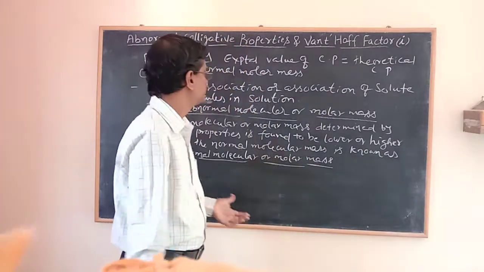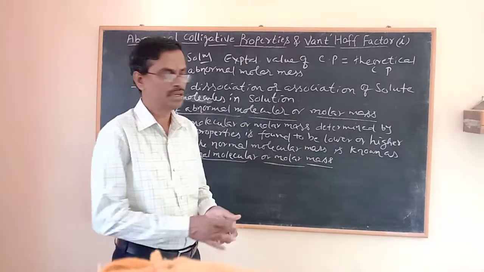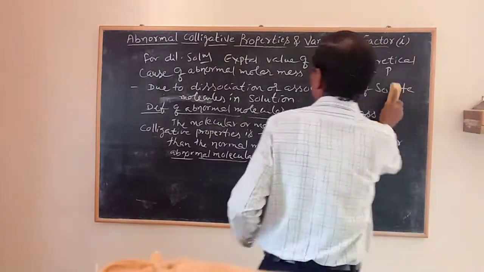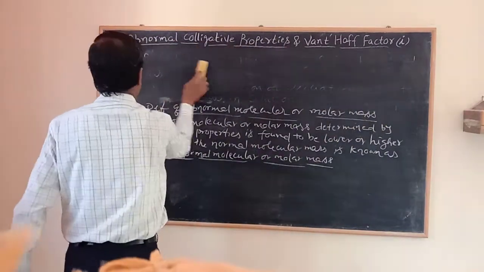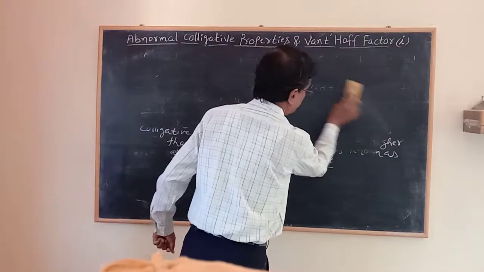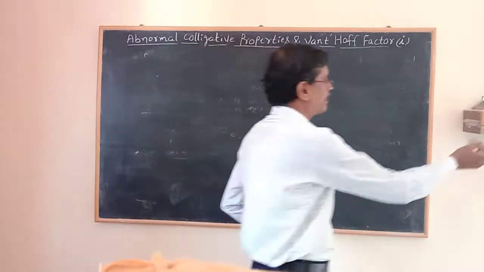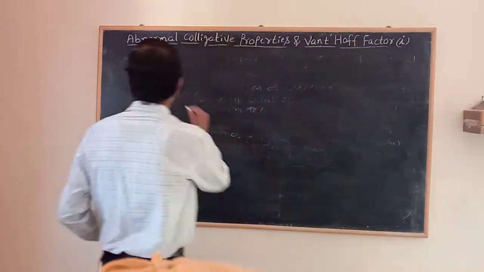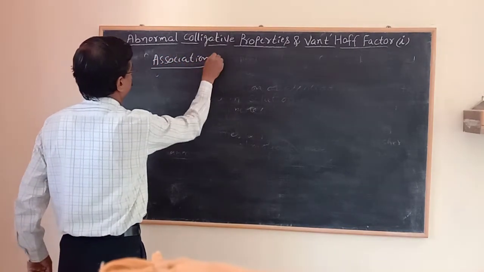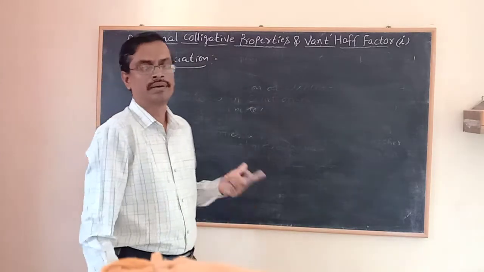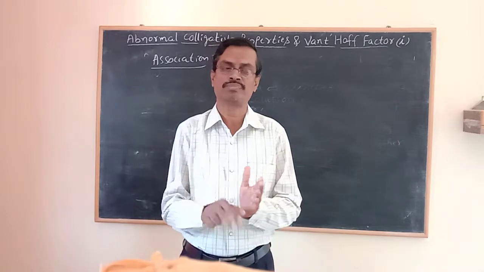Then we have to study what change takes place in association and what change takes place in dissociation, by taking examples. The first is association. Molecules like acetic acid and benzoic acid dimerize, that is, two molecules join together to form a dimer.